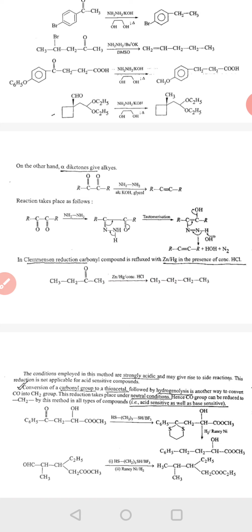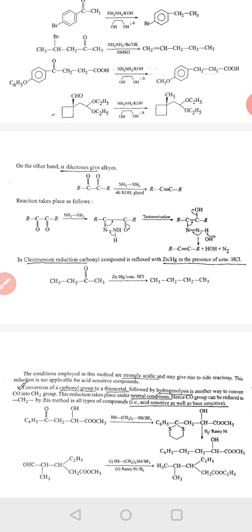This reduction is not applicable for acid sensitive compounds. So both Wolff-Kishner and Clemmensen reductions are to be carried out keeping in mind the other groups which are present in the carbonyl compound.